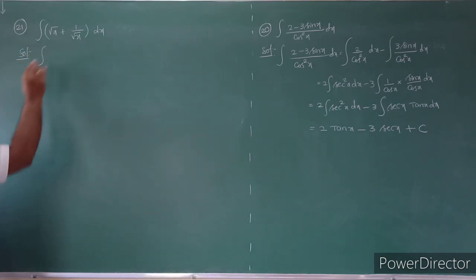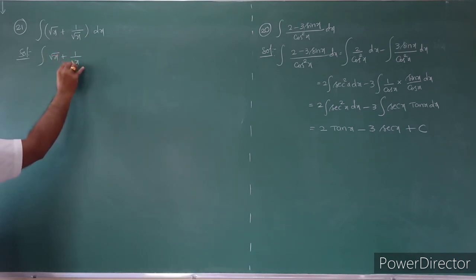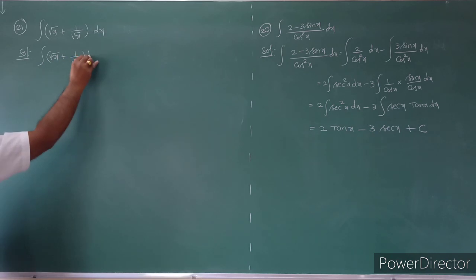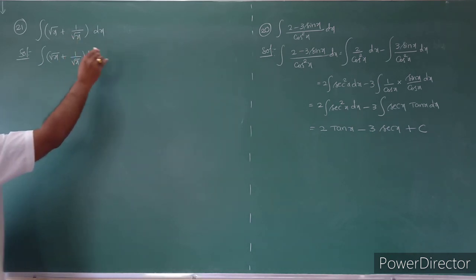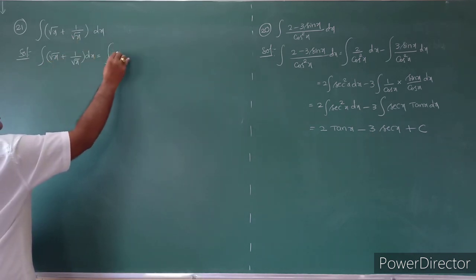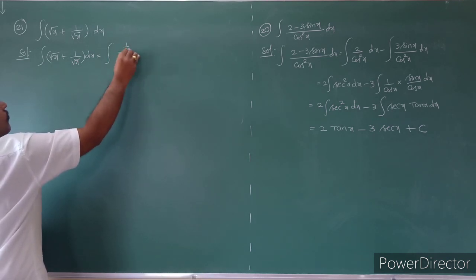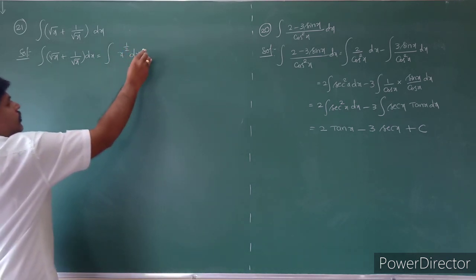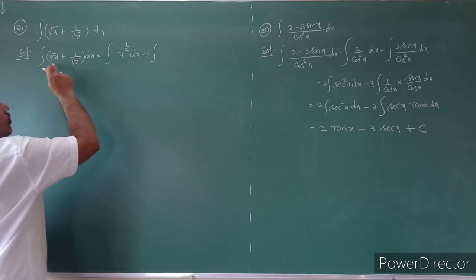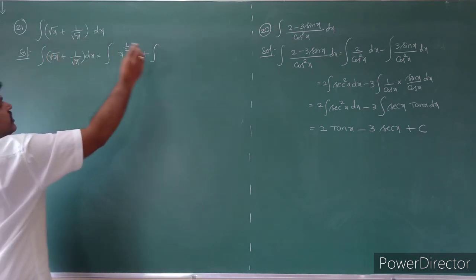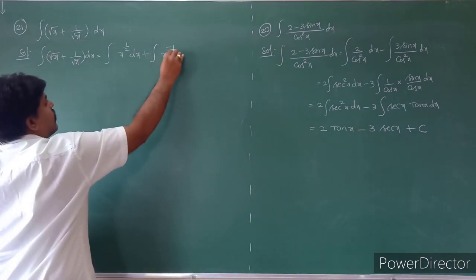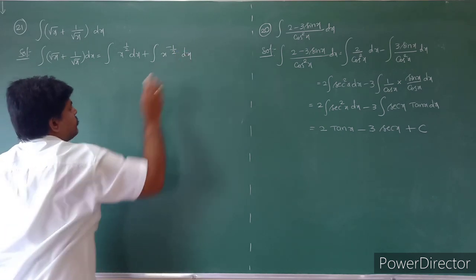Integral of root x plus 1 by root x into dx. So that is equal to integral of root x, root x is nothing but x power 1 by 2 into dx, plus integral of 1 by root x, which is x power minus 1 by 2 into dx.